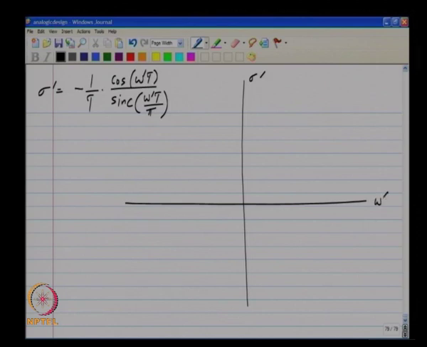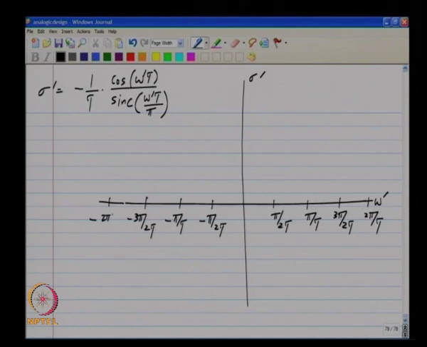If I plot it on a sigma prime versus omega prime axis, the value of this factor at omega prime equal to 0 is unity.